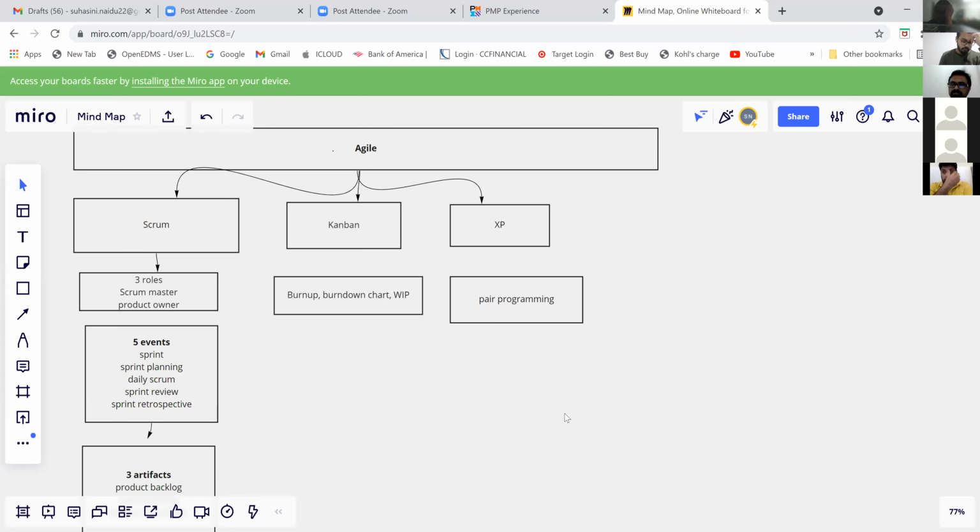Okay, so Agile is the bigger umbrella which covers Scrum, Kanban, and XP. I will go through Scrum. Scrum has 3 roles. The product owner owns the voice of the customer, sets the vision and sets the priority.